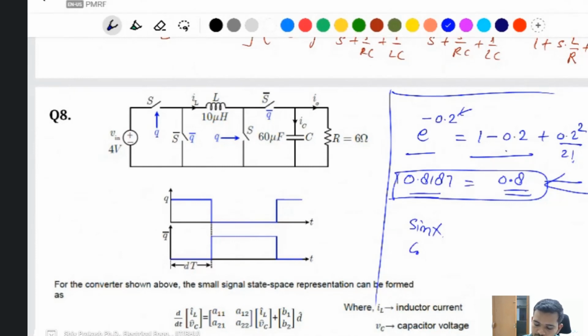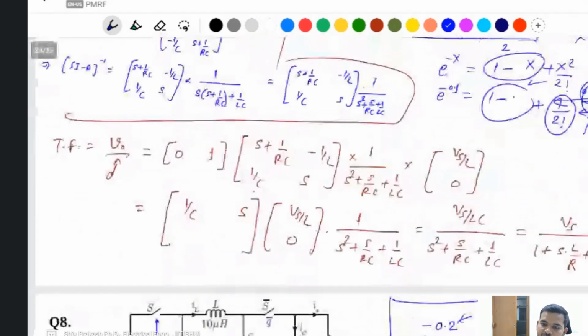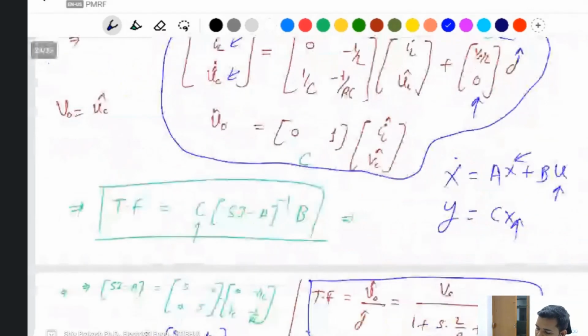Similar limitations exist in our control system also. For example, in a solar system, the duty cycle change should be within a certain limit.